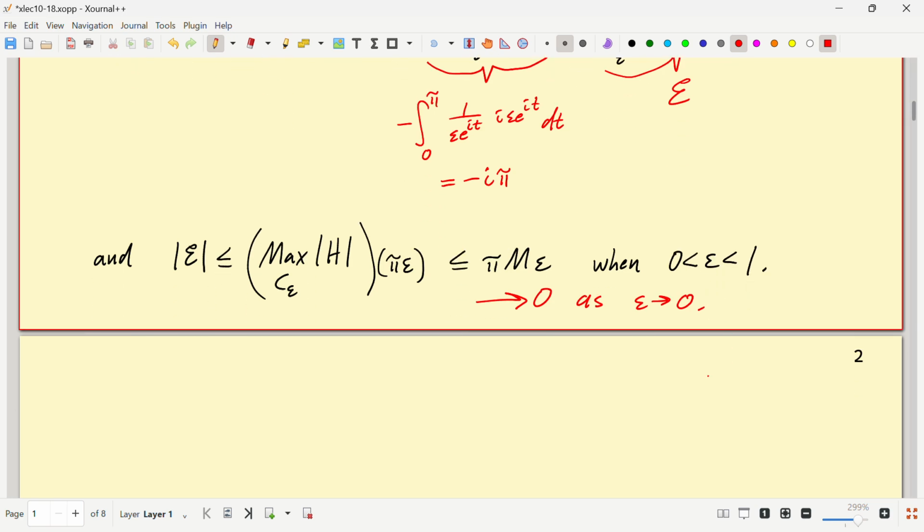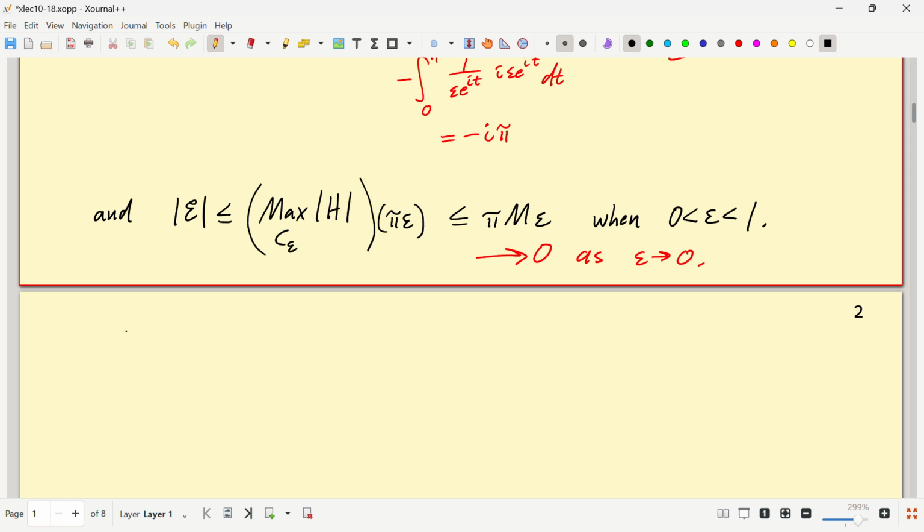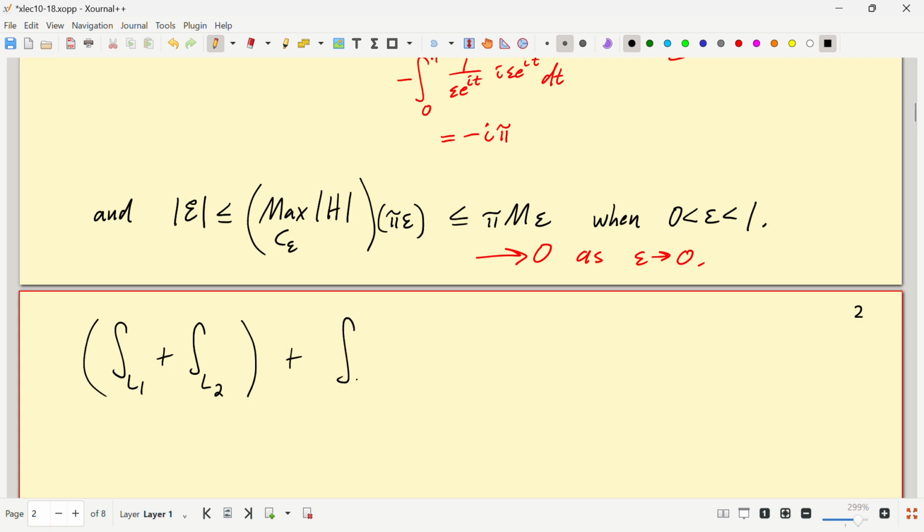Okay, so we're almost done with the calculation. We have the residue theorem. Well, we have the Cauchy theorem. So we have the integral over L1 plus the integral over L2 plus the integral around c sub R plus the integral around minus c sub epsilon equals a big fat 0 by the Cauchy theorem.